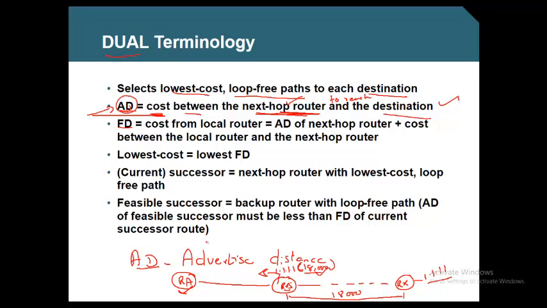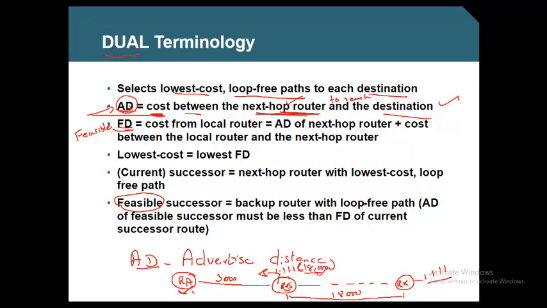Okay. Now what is the feasible distance mean? FD means what? Feasible. See, here is the spelling. Feasible distance. What is the feasible distance? Let's say here it is 3,000.